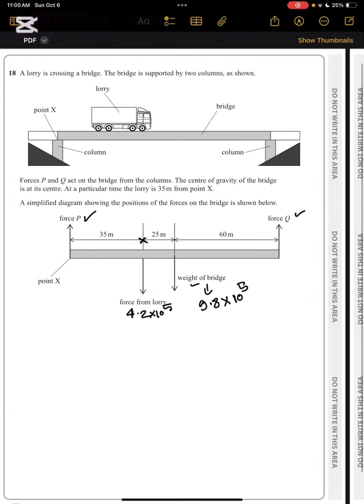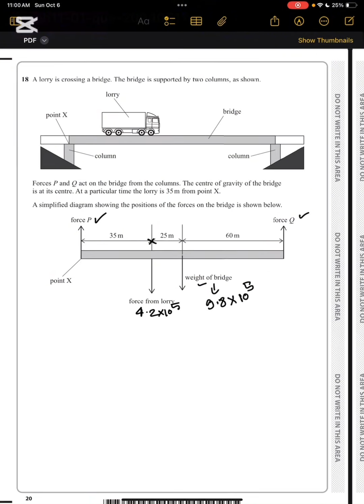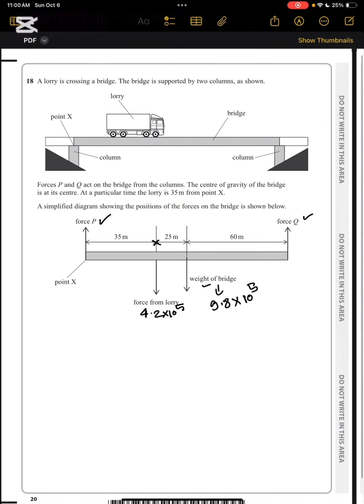So what they have asked us to find is the magnitude of force P and force Q.